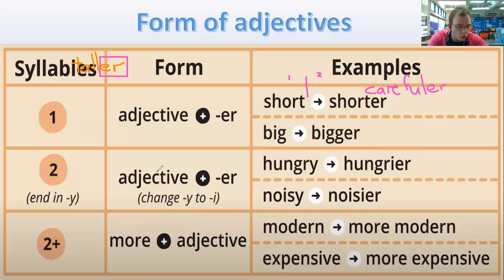When we have two or more syllables, we put a more before the adjective. The only time we don't do that is when it ends with a Y, like hungry or noisy. We don't put a more.